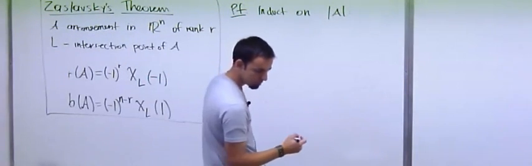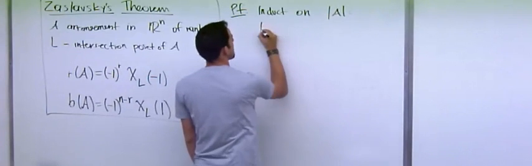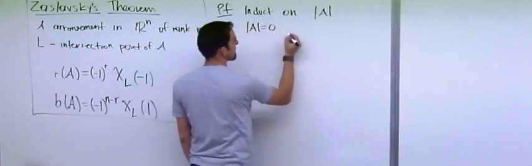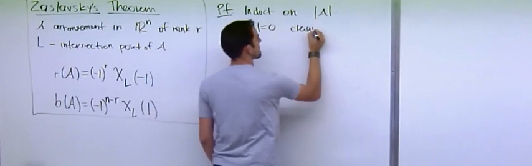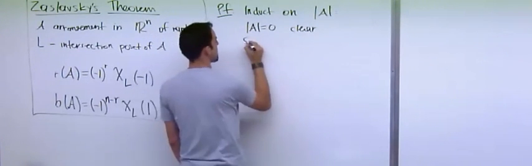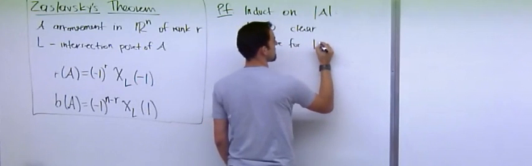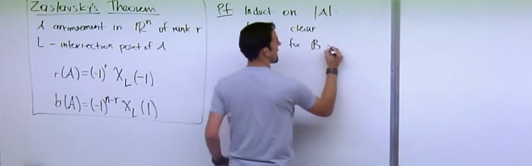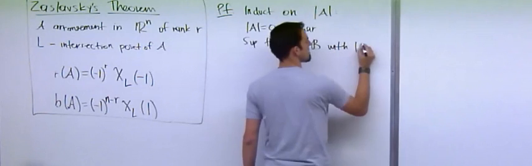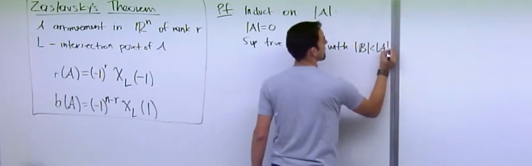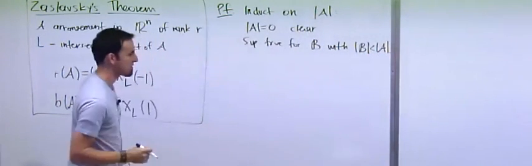So if there's no hyperplanes, then you can check that this holds. And now suppose it's true for hyperplane arrangements with fewer hyperplanes than A. Okay?